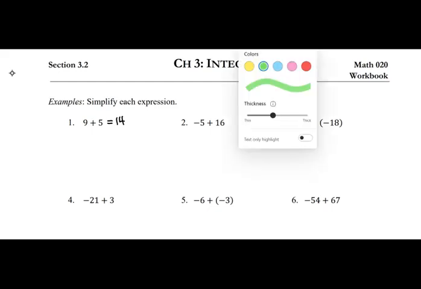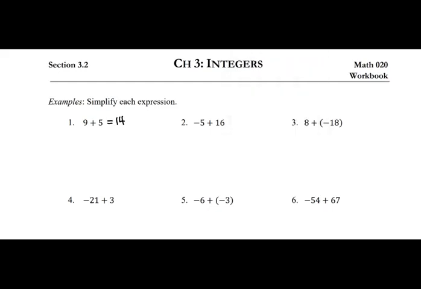The number with the bigger value is the positive one. So you have 16. 16 is bigger than 5, so that means the answer is going to be positive. And then you subtract. Now that you know that the answer is going to be positive, you find the difference between 16 and 5. So 16 minus 5 is 11, so the answer is positive 11.